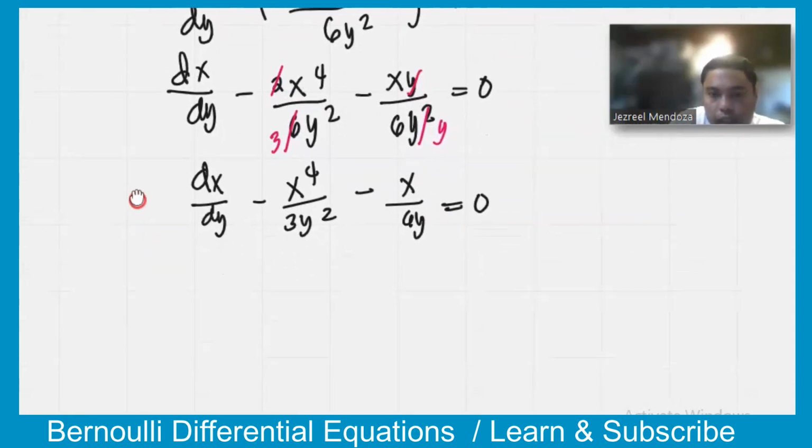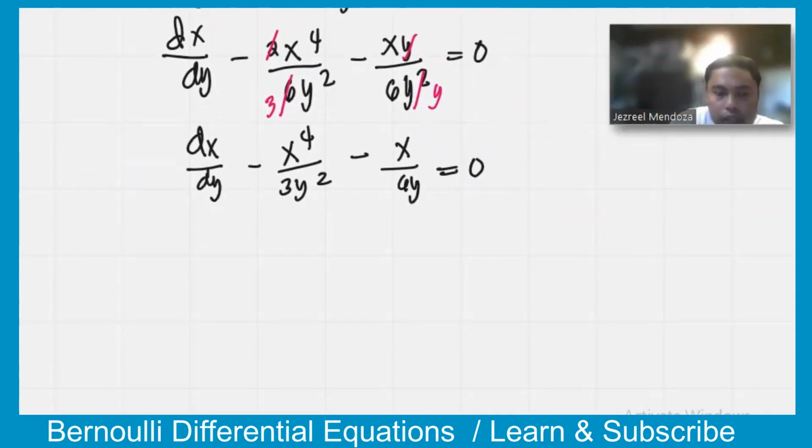Our form here is dx over dy, so let's prove that it is linear in x.